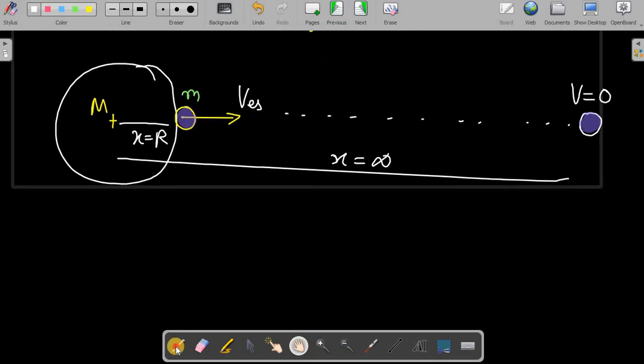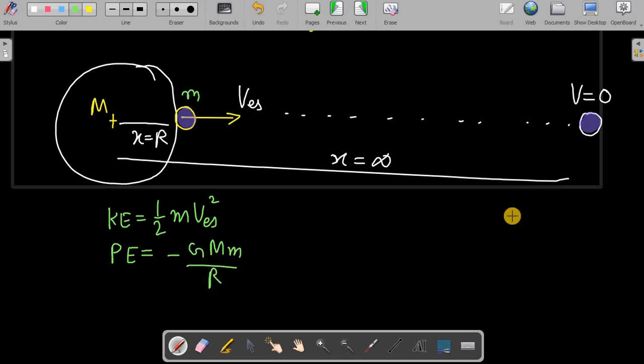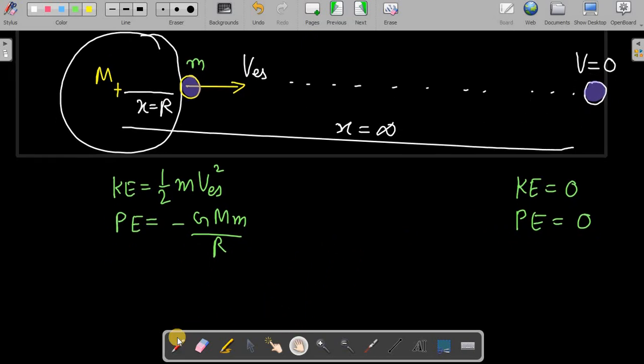So you can apply energy conservation. Initially it has kinetic energy half m v escape square. It also has potential energy minus G M m by R. Finally the kinetic energy is 0, and finally the potential energy is also 0 because it's at infinite distance.